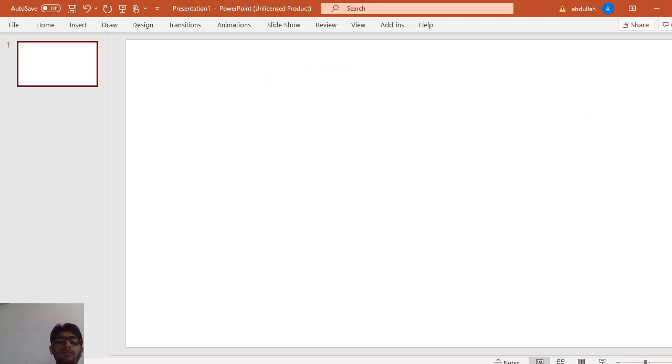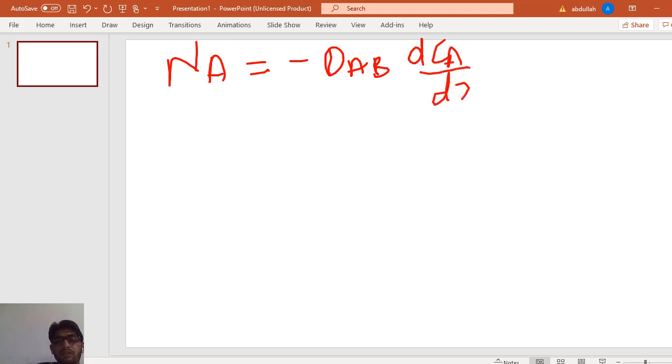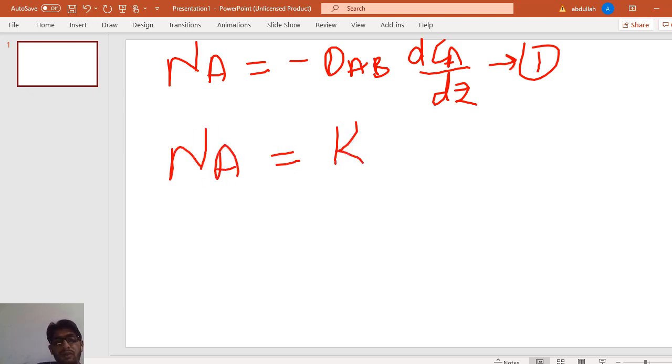Now from Fick's law of molecular diffusion, the molar flux is denoted by minus DAB dCA by dZ. Suppose this is equation number 1. Now for the convective mass transfer process, the flux is equal to K into change in the concentration. This is for the convective mass transfer flux.